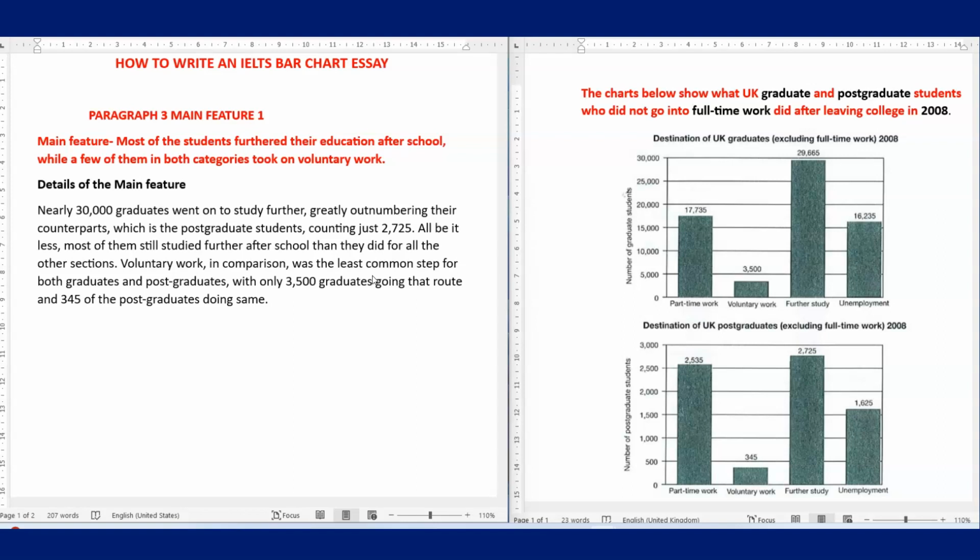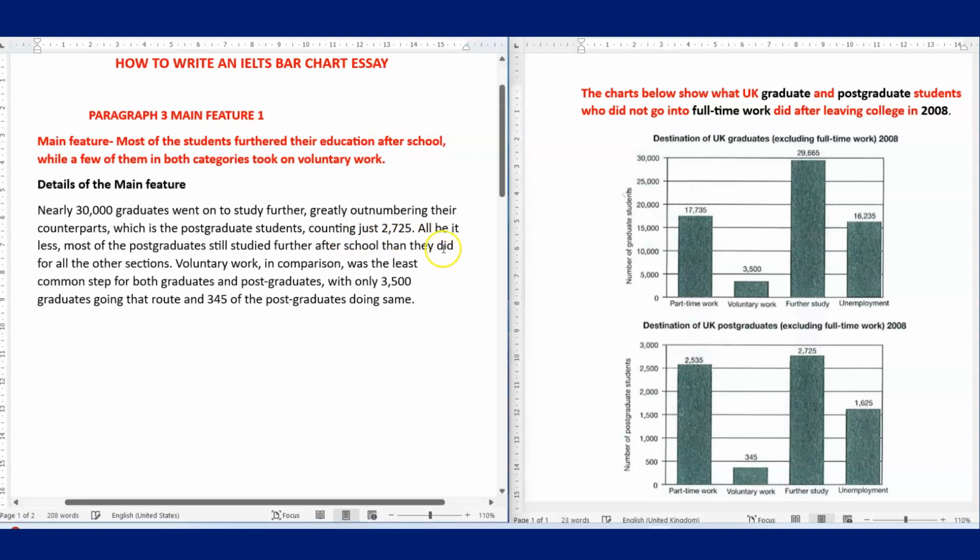And if you are making any comparison, make sure that you are using the correct figures. Let's read it again. Nearly 30,000 students went on to study further, greatly outnumbering their counterparts, the postgraduate students, counting just 2,725.